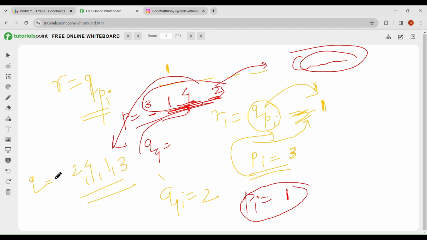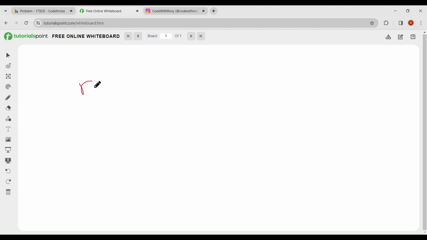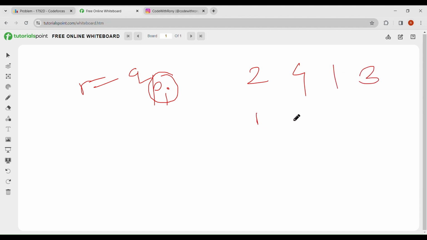So this was the logic, and in this logic I guess you got the idea, pi, in which we will try to find out pi. So now let's see, 2, 4, 1, 3, with indices 1, 2, 3, 4. So this is your q.